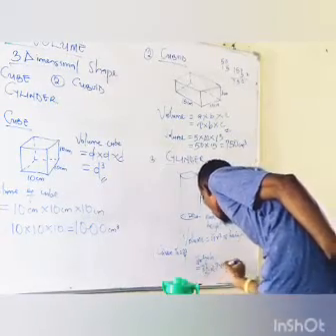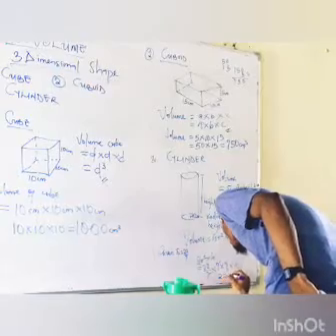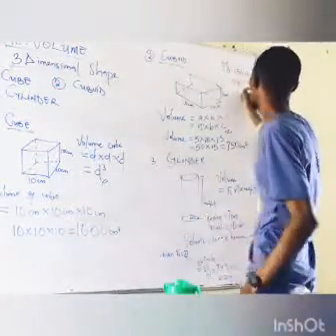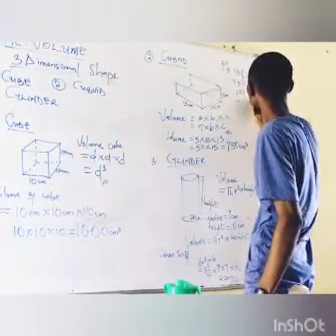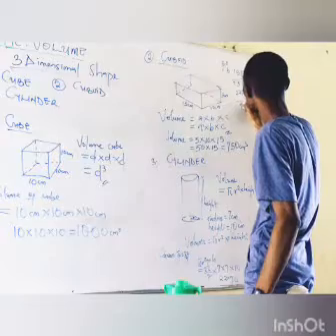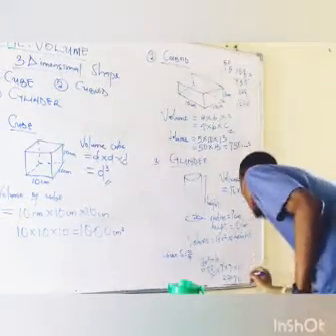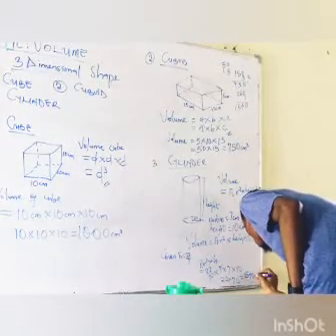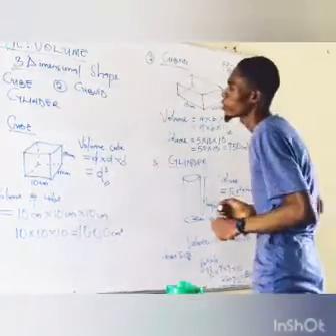So this 7 cancels the 7. So we have 22 multiplied by 70. This will give us 0, 14, carry 1, 14, 15. So 1540. Our answer is going to be 1540 cm cubed. Very simple.